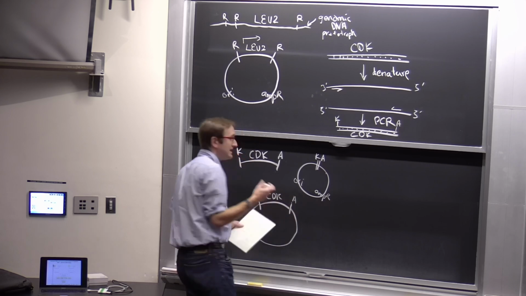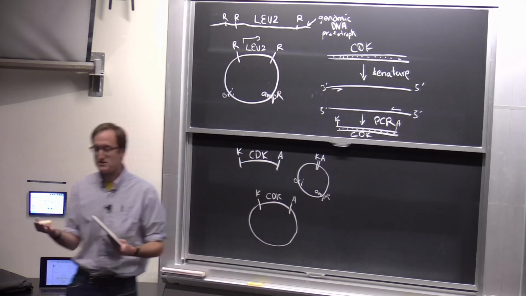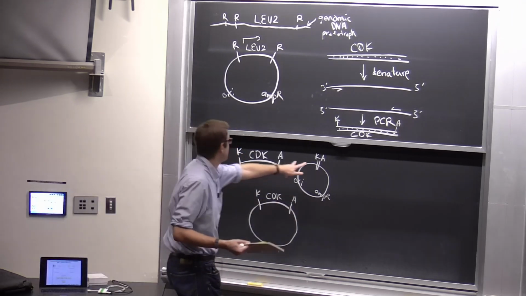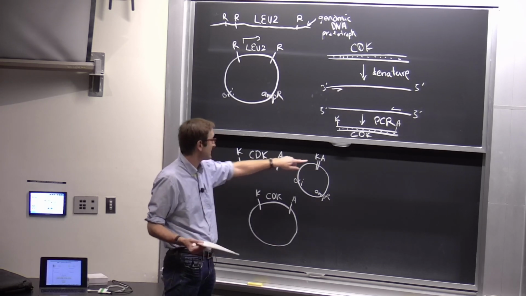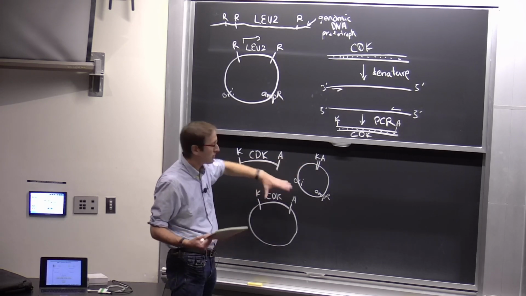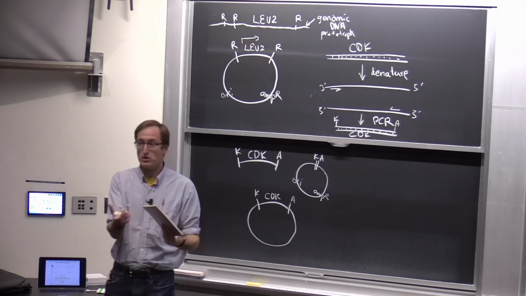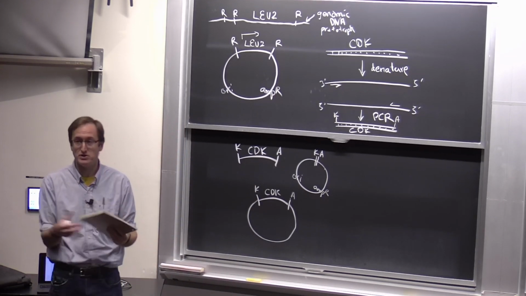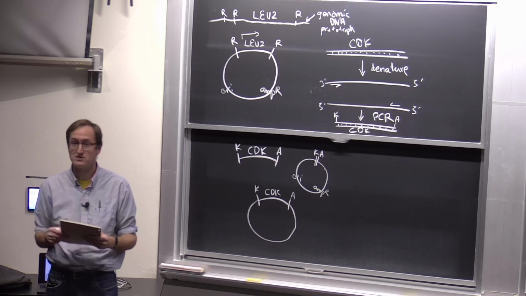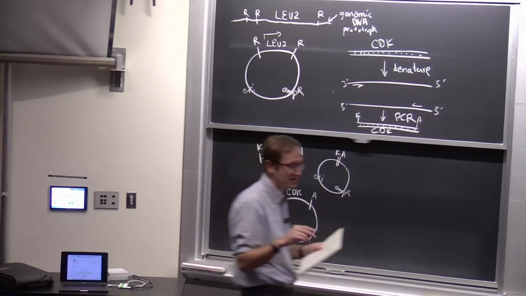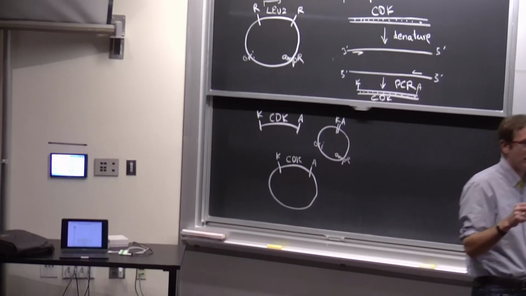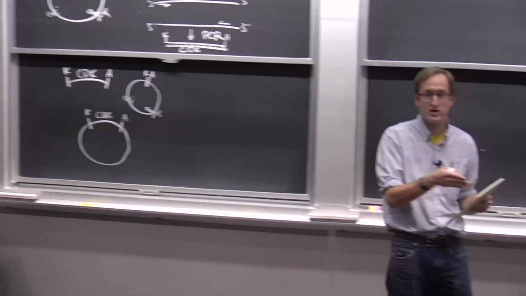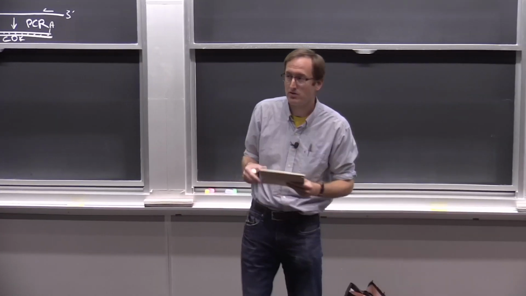And if you have two unique sites, because K only recognizes K here and A only recognizes A, then it will ligate in, but you can do it with a specific orientation because you have two different restriction sites. Okay? So I hope you all see how it's different with one restriction site versus two. Okay?